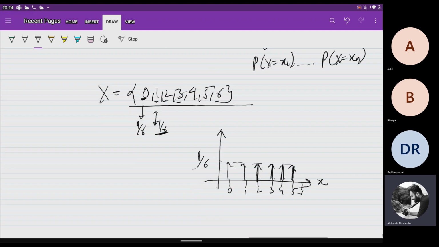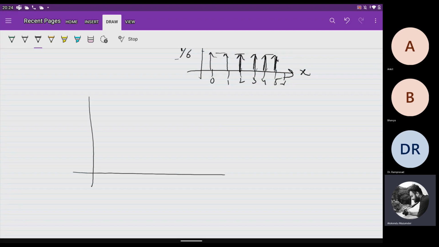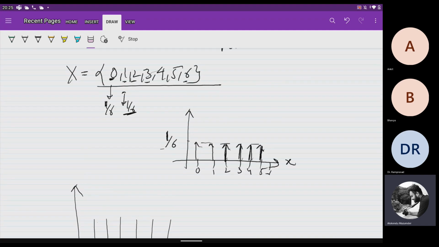Now, tell me one thing. For this experiment, 1, 2, 3, 4, 5, 6, right? Sorry, it will start from 1, my mistake.